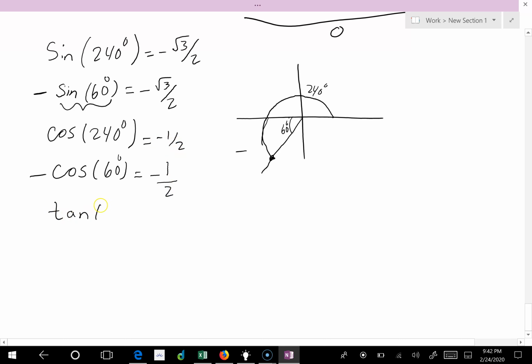Tan 240 is the same thing as tan of 60. Tan is positive in the third quadrant, so negative, negative, positive. So tan of 60 is sine over cosine, so it's root 3, and then positive root 3. So it's the same thing as tan of 240.